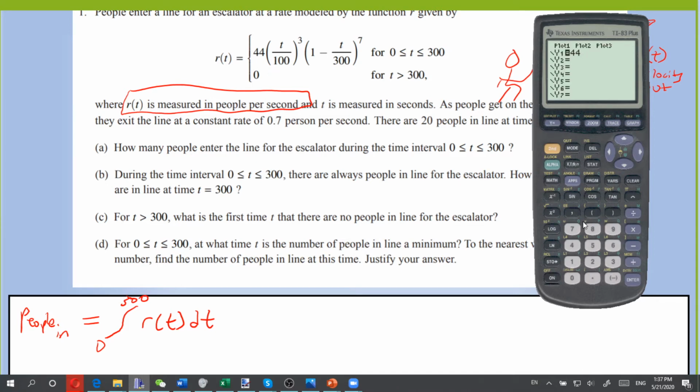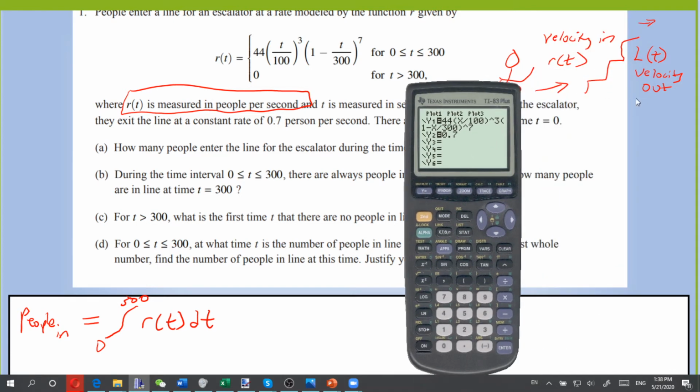This is 44 times x over 100 cubed times 1 minus x over 300 to the 7th power is how fast people are entering the escalator. And then just in case we need it, we've got a constant rate people are leaving later of 0.7. So right now y1 is RT and y2 is LT.